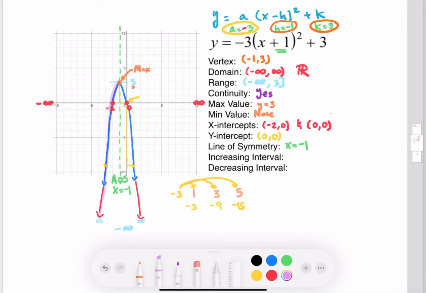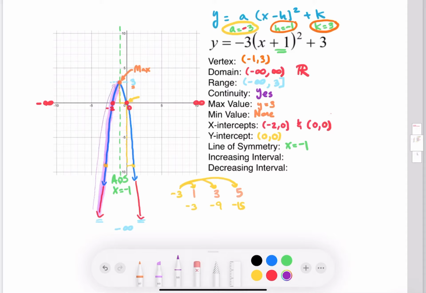So we can see right over here, if I go from left to right, it's going in an upward direction. That means the graph is increasing from left to right.